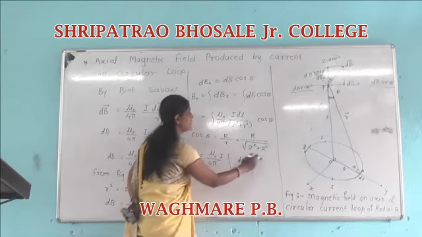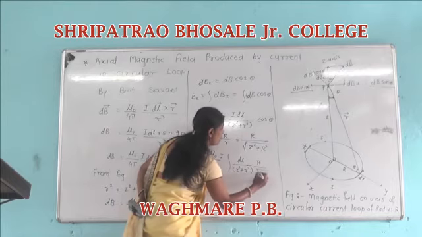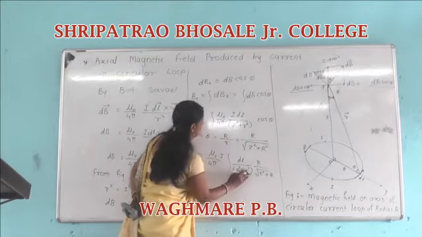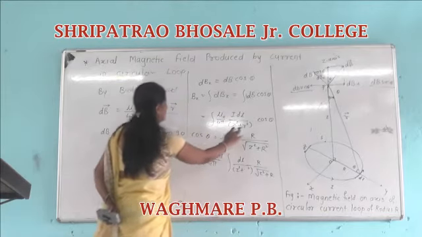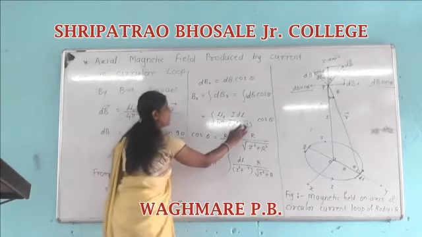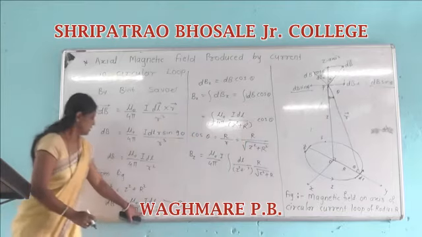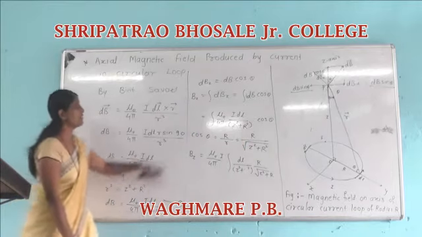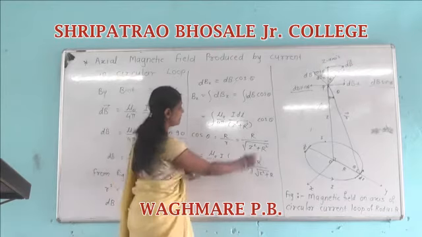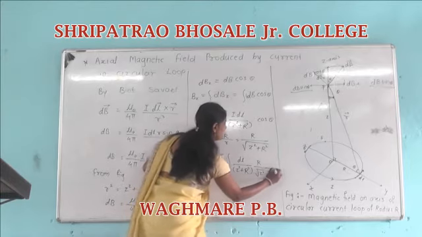The value of cos theta is R upon under root of z square plus R square. This is not small r, this is the capital R, therefore this will be R square and this will be R square.